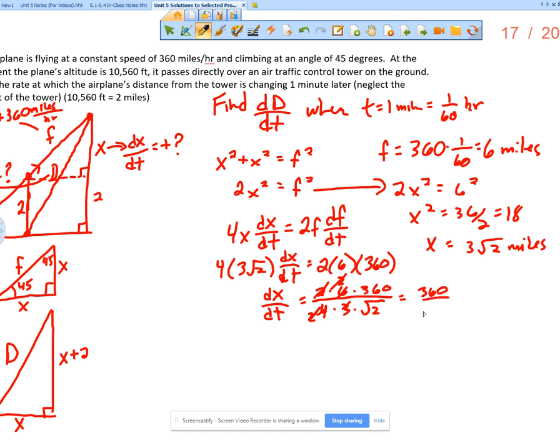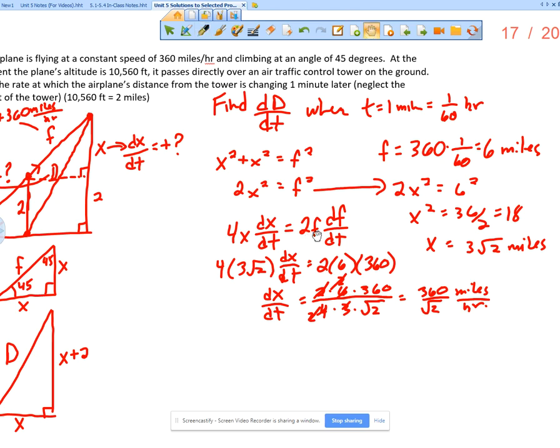So I'm just going to leave this 360 over root 2, and that would be what? Miles per hour, right? And so basically all that means is that's the rate at which the airplane's altitude is changing, but also the rate at which its horizontal distance is changing. All right, and so now we're going to use that in a minute to find dd/dt.